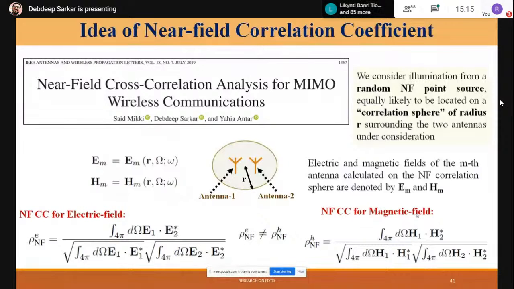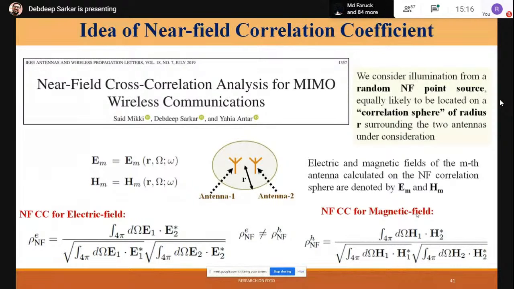But when we are talking about ultra dense networks and close proximity to, let's say, a massive MIMO base station, eventually we need to rethink our strategy to evaluate the correlation.